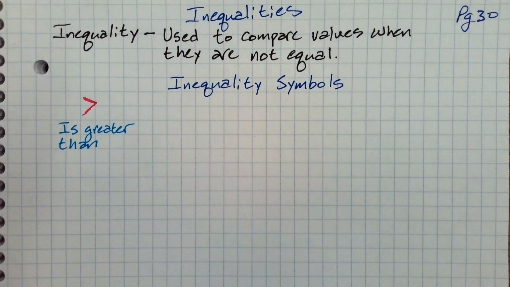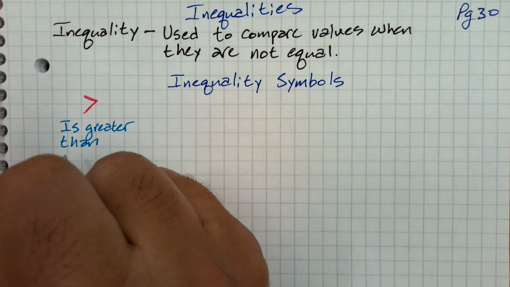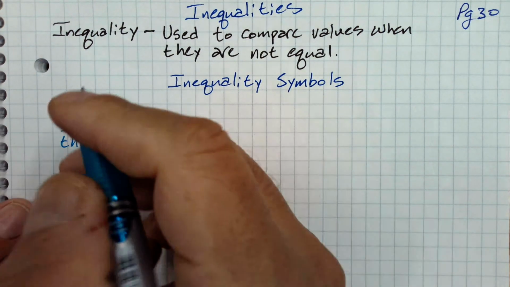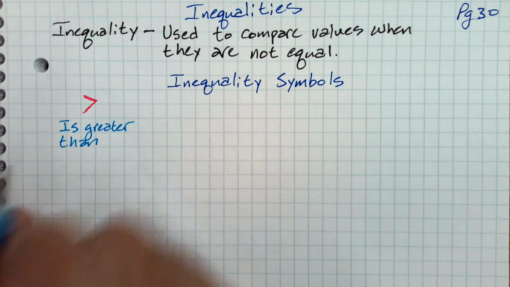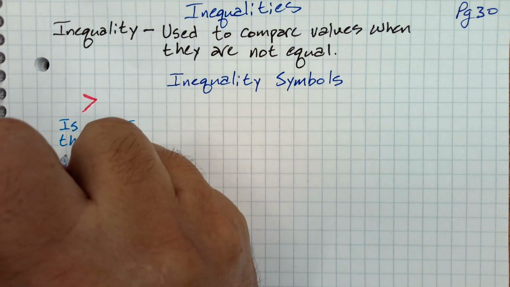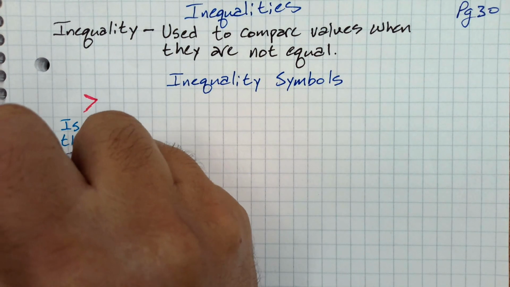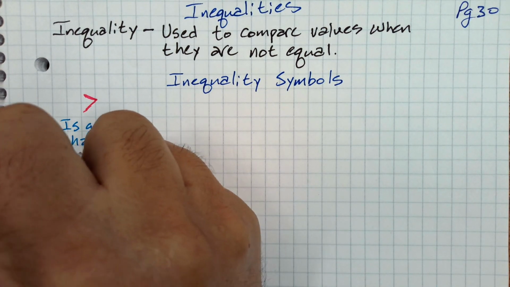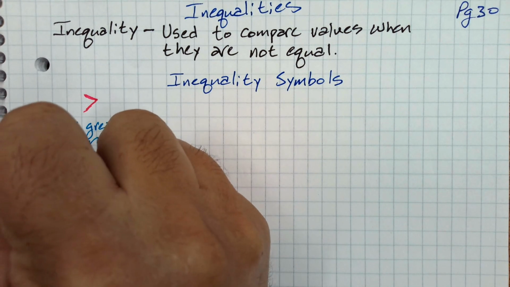Like 7 is greater than 2. Okay? So if I'm doing an example, I can do that. Let's do 7 is greater than 2.